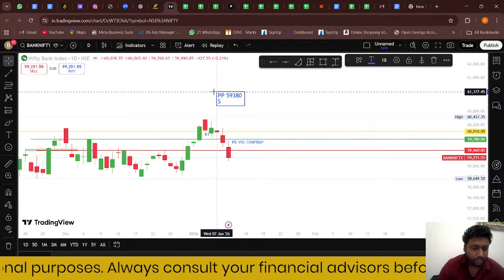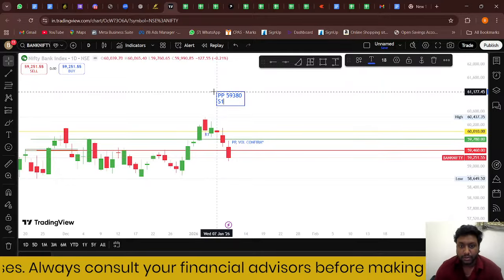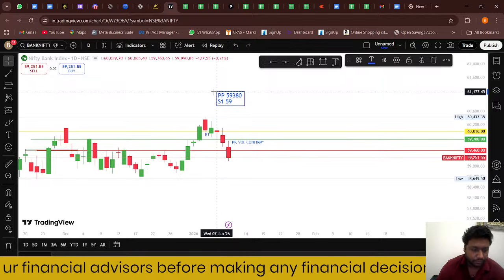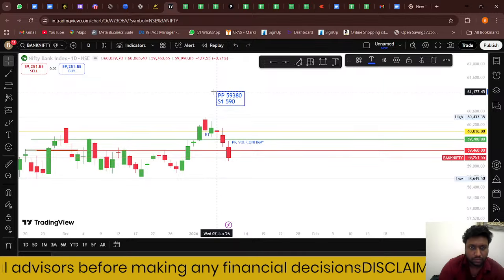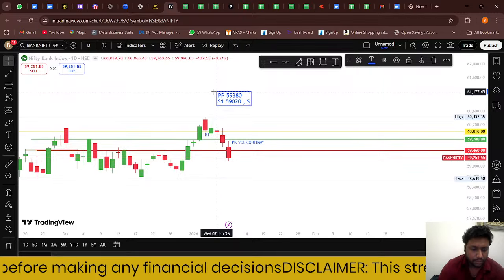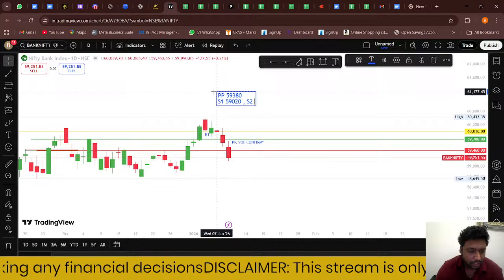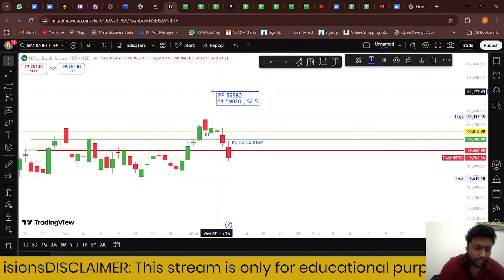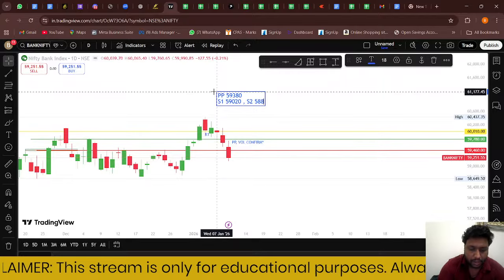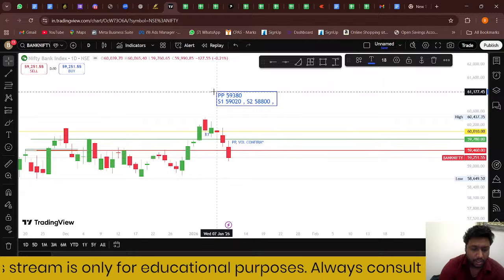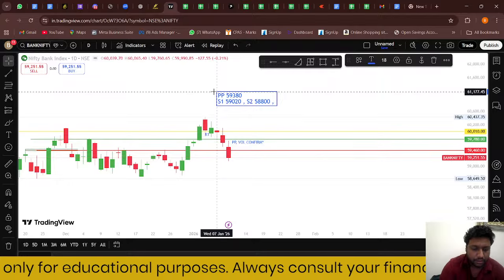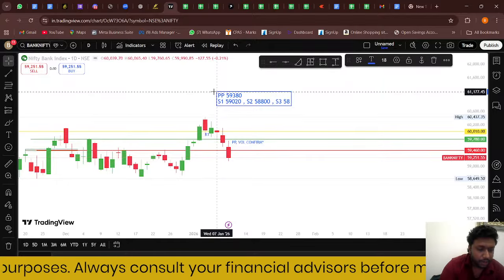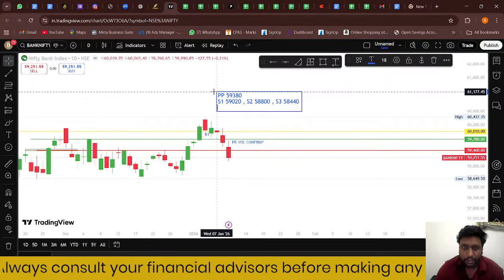With respect to this, support one lies at 59,020, and support 2 lies at 58,796. We will mark it as 58,800. Support 3 lies at 58,440, and these are the three supports.